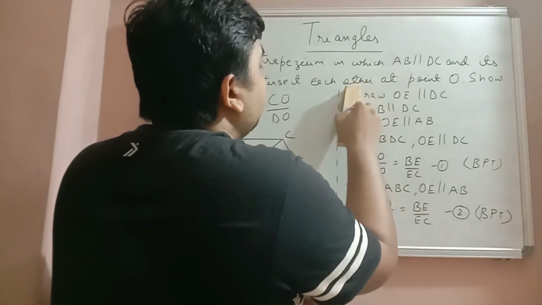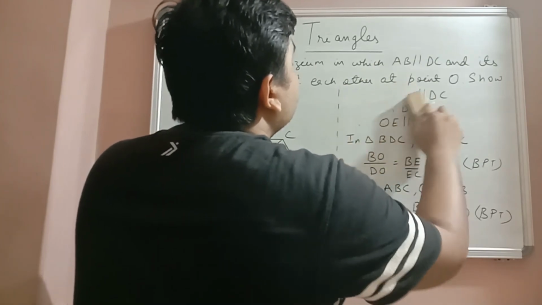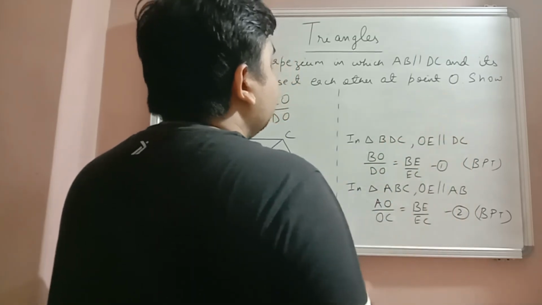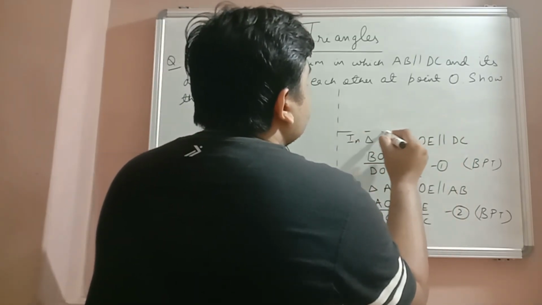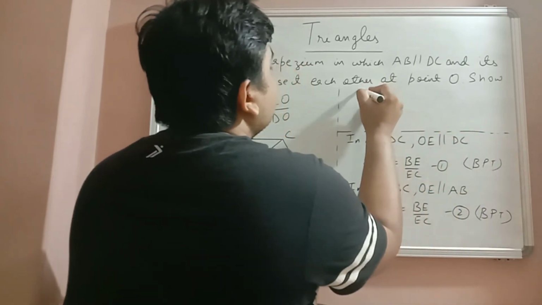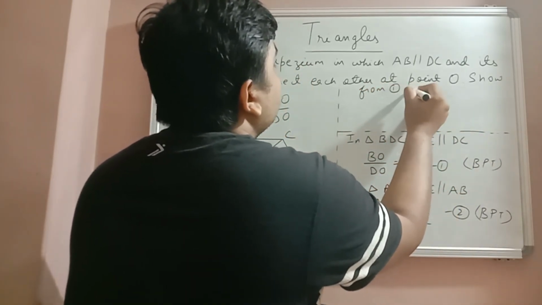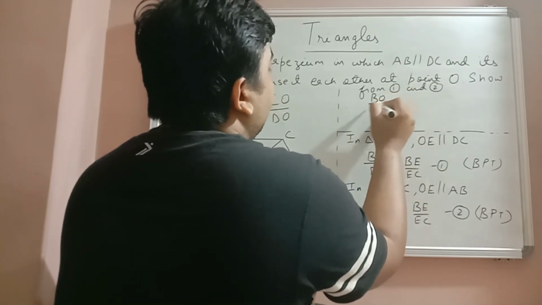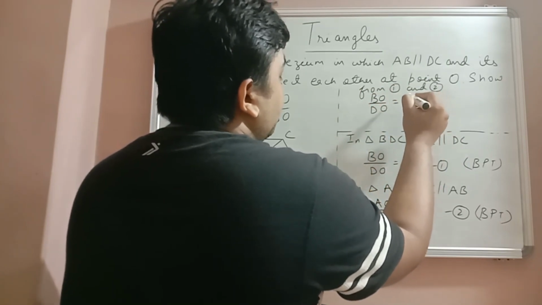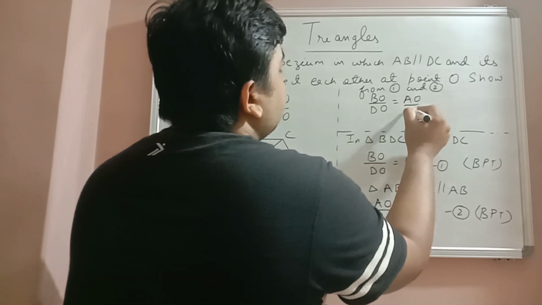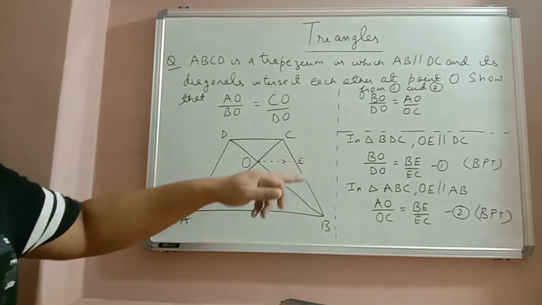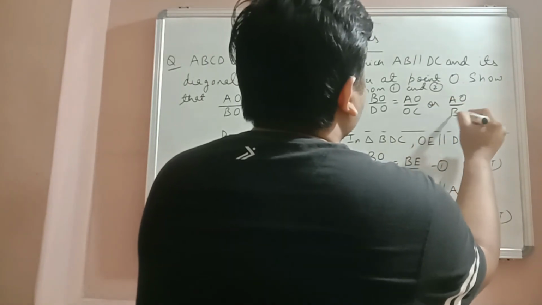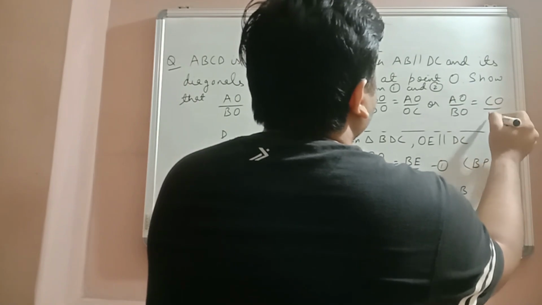So from 1 and 2 we conclude that BO upon DO is equal to AO upon OC, or we can cross multiply this and say that AO upon BO is equal to CO upon DO.